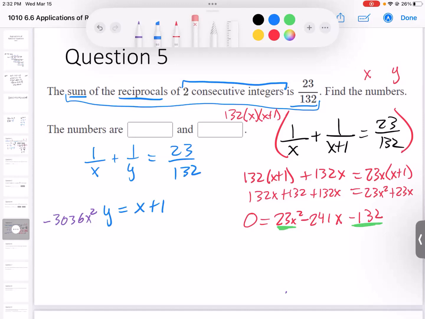Okay, so the factors are close to what we're looking for, which is 241. So we have 253 and 12. Okay, great, awesome. Sorry for mishearing you on that. That caused a lot of confusion. It's totally my bad.